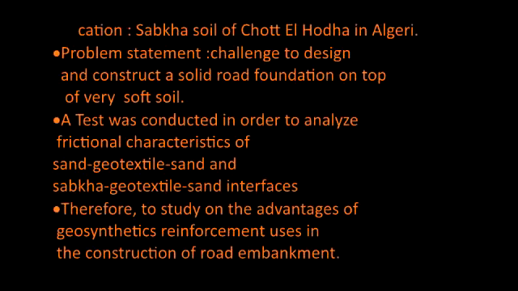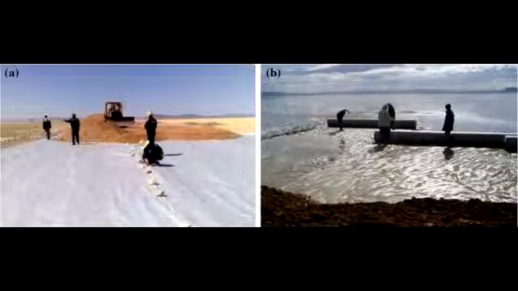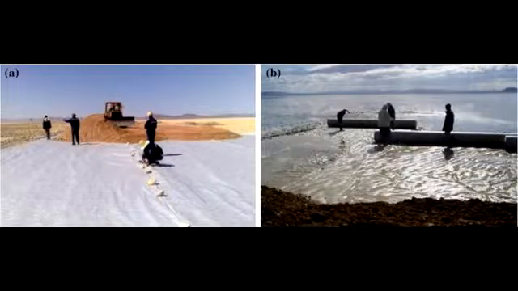Before the reinforcement, a test was conducted in order to analyze frictional characteristics of the sand-geotextile and subcast geotextile-sand interface. Therefore, the study on the advantage of geosynthetic reinforcement is used in the construction of road embankment.